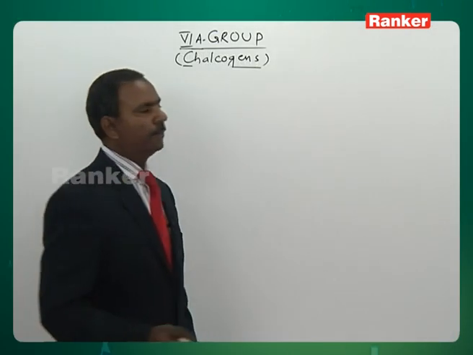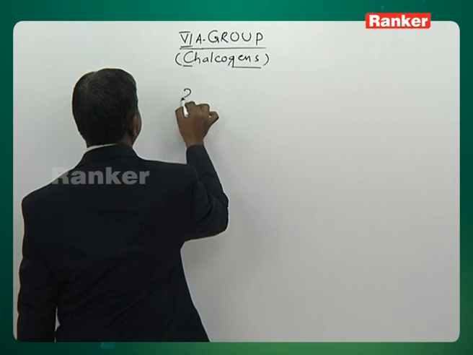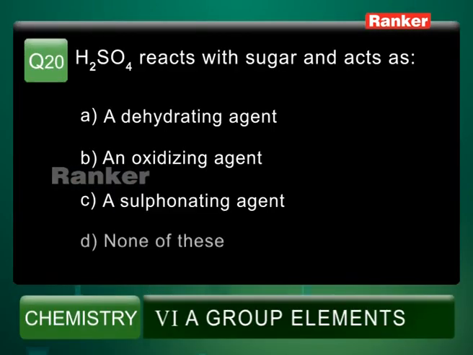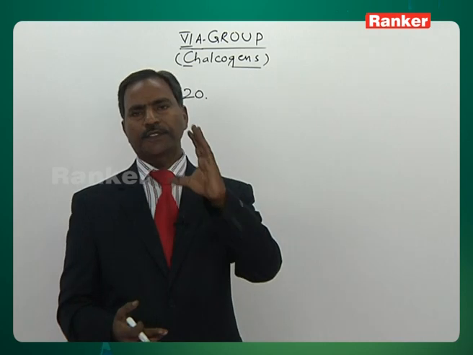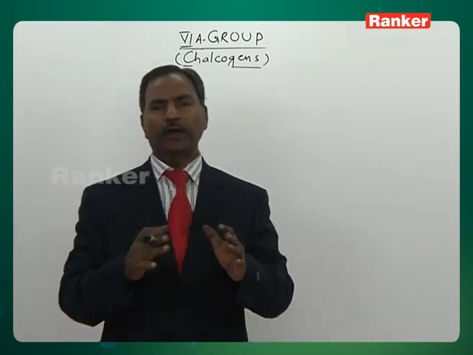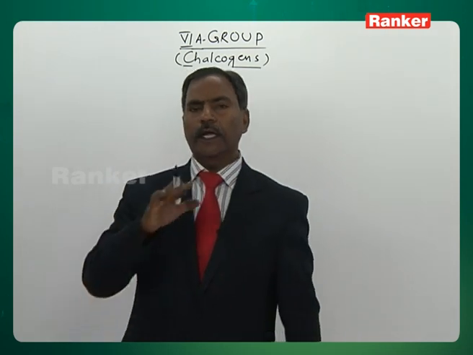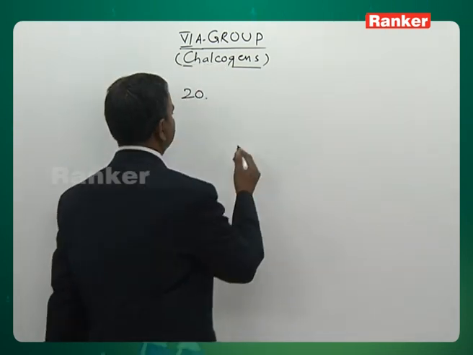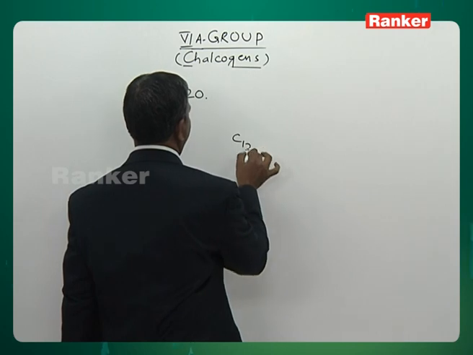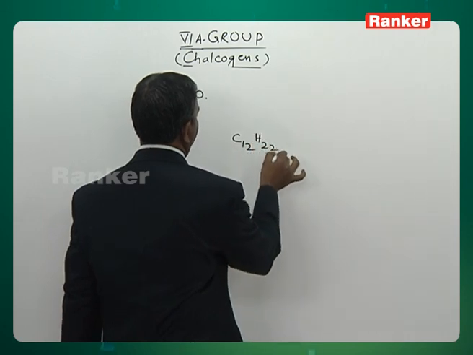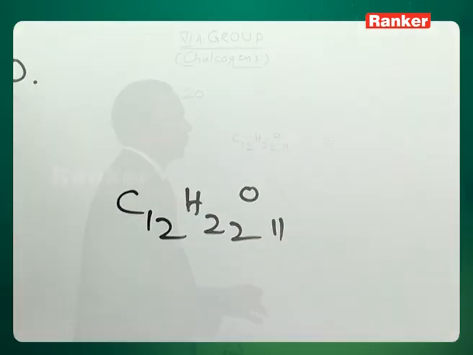Question number 20. H2SO4 reacts with sugar and acts as: a dehydrating agent, an oxidizing agent, a sulfonating agent, or none of this. Remember, sulfuric acid is basically a strong dehydrating agent. It dehydrates sugar to carbon. What is sugar? C12H22O11, sugar or sucrose.